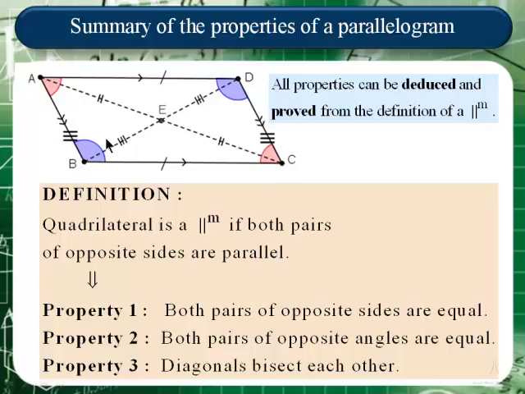So in other words, the diagonal will actually bisect the parallelogram into two congruent triangles, and we know congruent triangles will have the same area. So in other words, any diagonal will divide the area of a parallelogram.